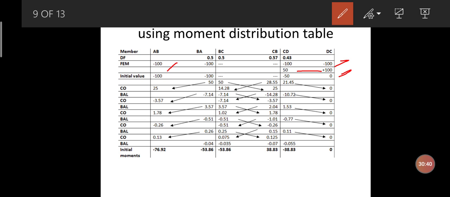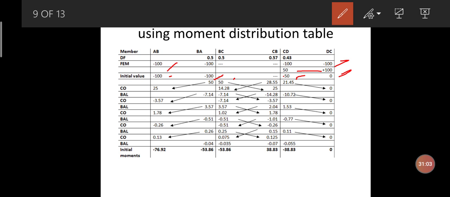So it is carried with plus 50. Therefore the initial values of the moments are minus 100, minus 100. There are no moments at BA, BC and CB, and this is minus 100 plus 50, which is minus 50. Then it is 0 here.